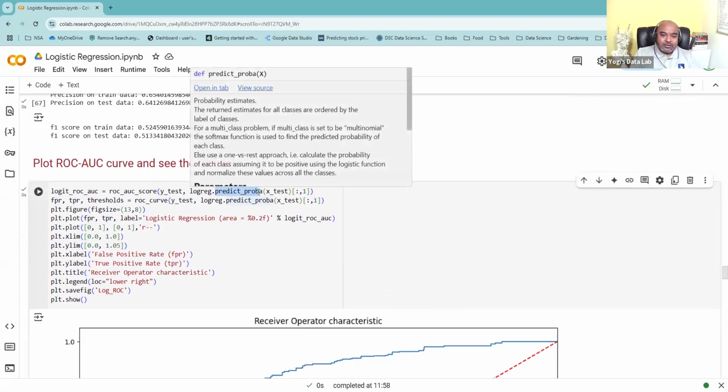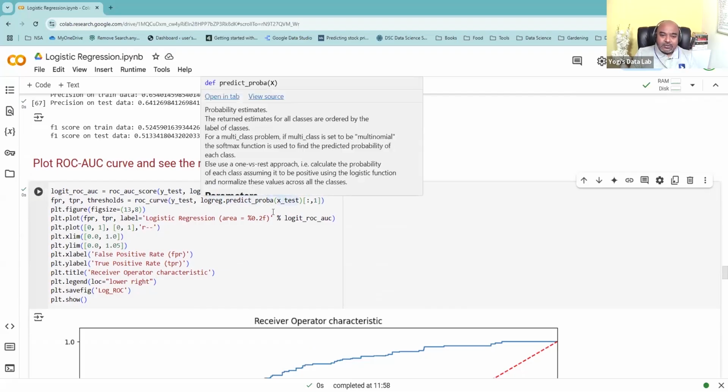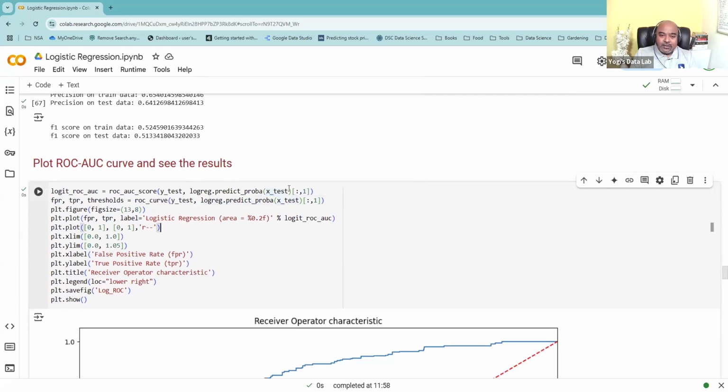When I'm using predict underscore proba, it is predicting the probability on the test set. When you print this somewhere just prior to this code, you'll see a column 0 and a column 1. Column 0 means the probability of the occurrence of 0 and column 1 means the probability of occurrence of 1.